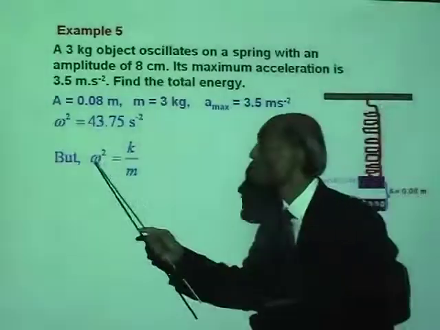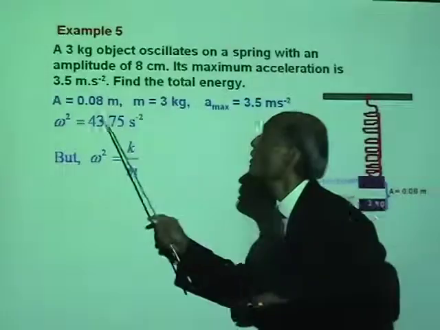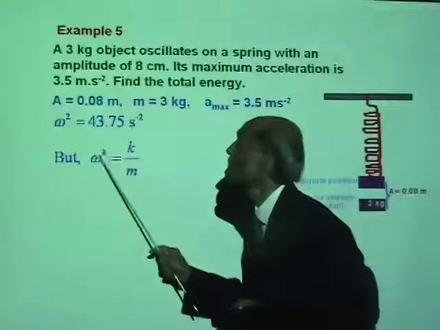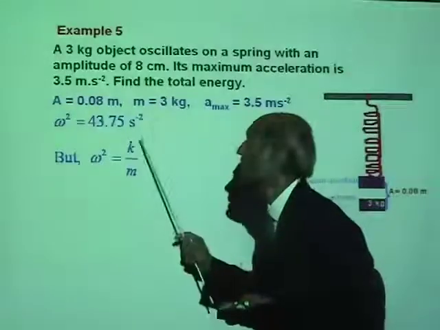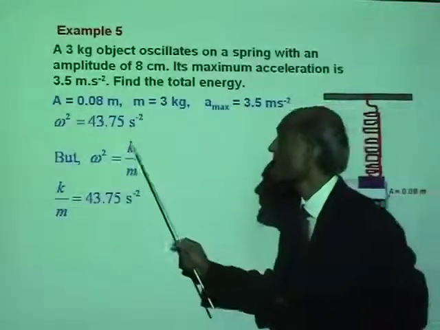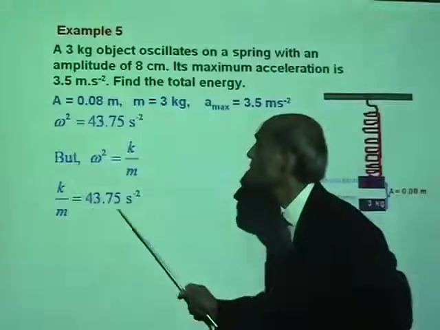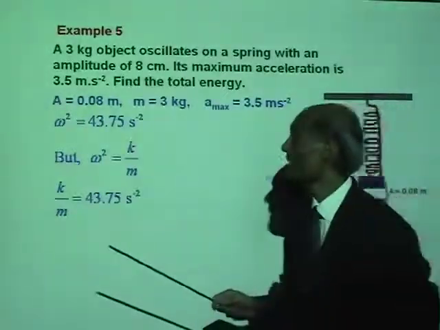There you are. But omega squared equal to K over M. So we bring this value of omega squared here. The value of M is known to us, and so we can find the value of K. K over M equal to omega squared, that is 43.75.